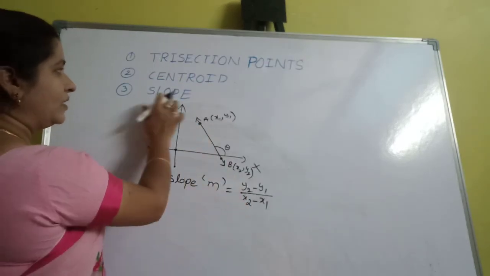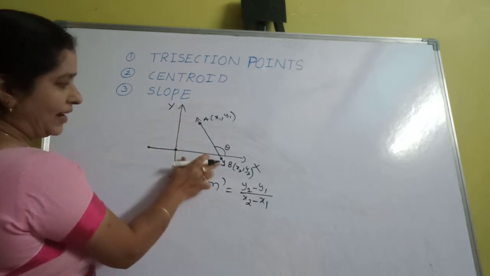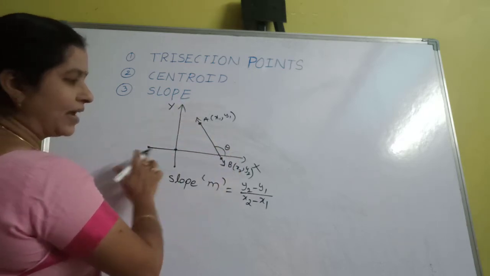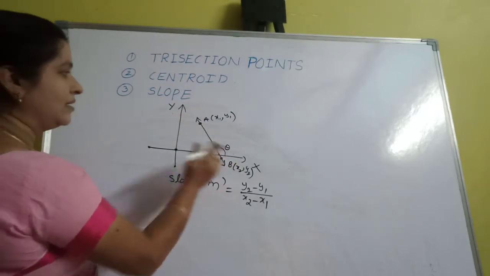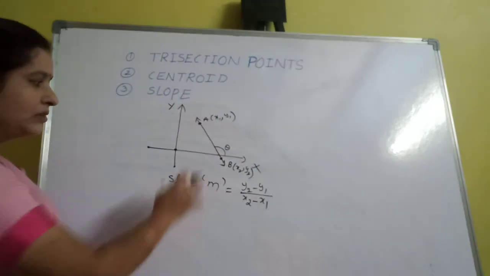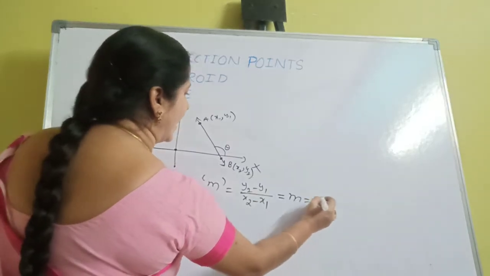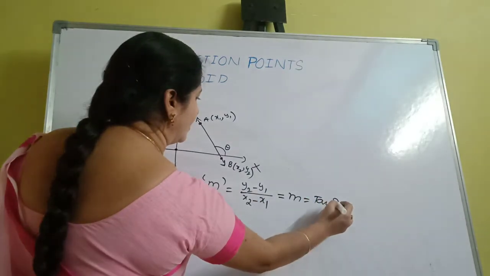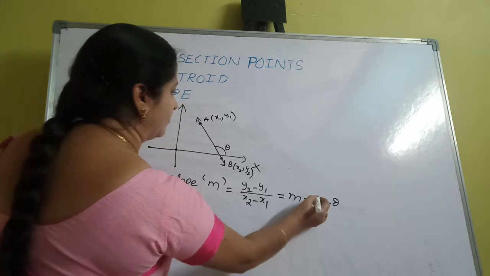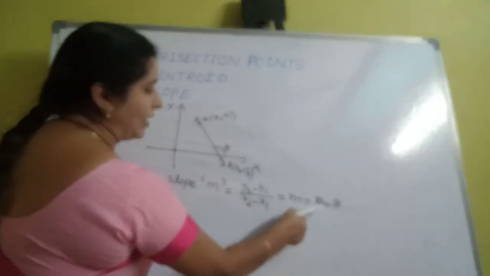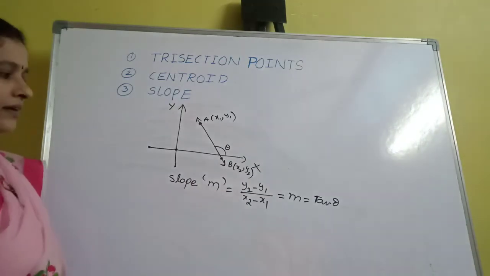What is the definition of a slope? If a line is making an angle with the x-axis in the positive direction, then it is called the slope of a line. Here m equals tan theta. We will later discuss tan theta in the trigonometry chapter.